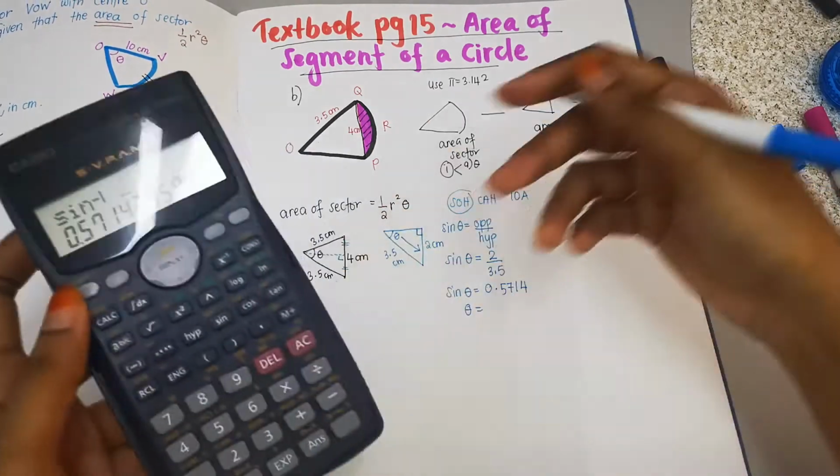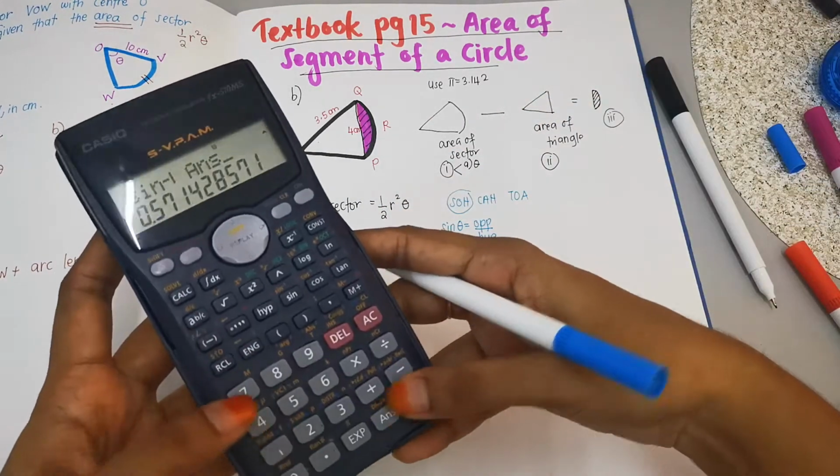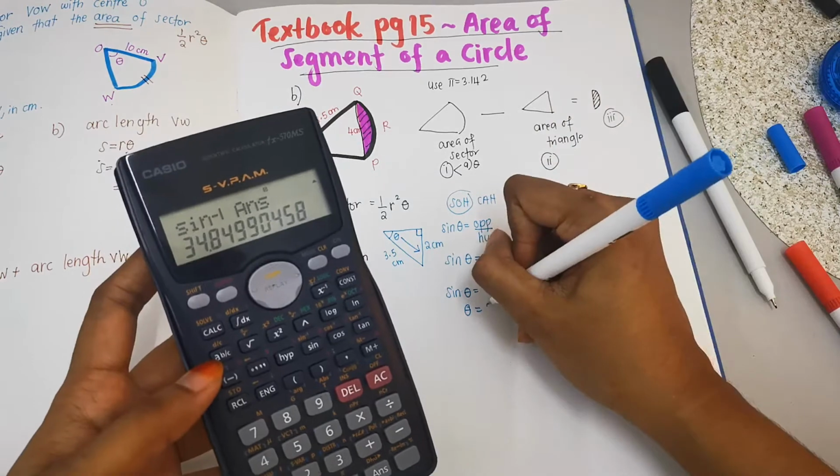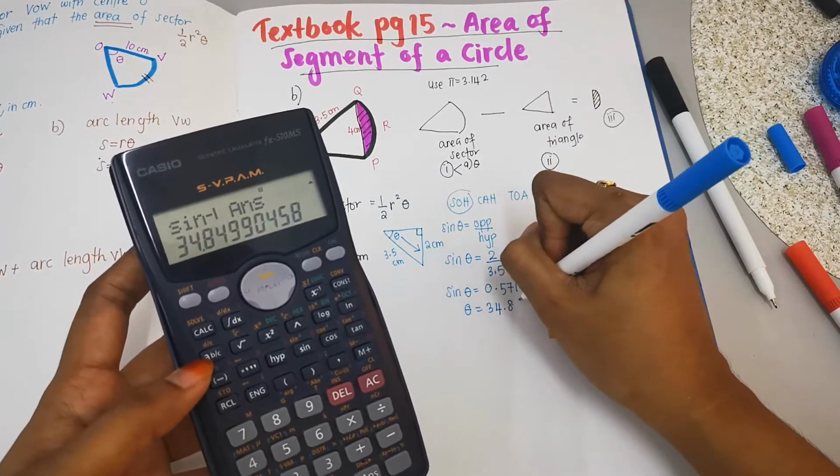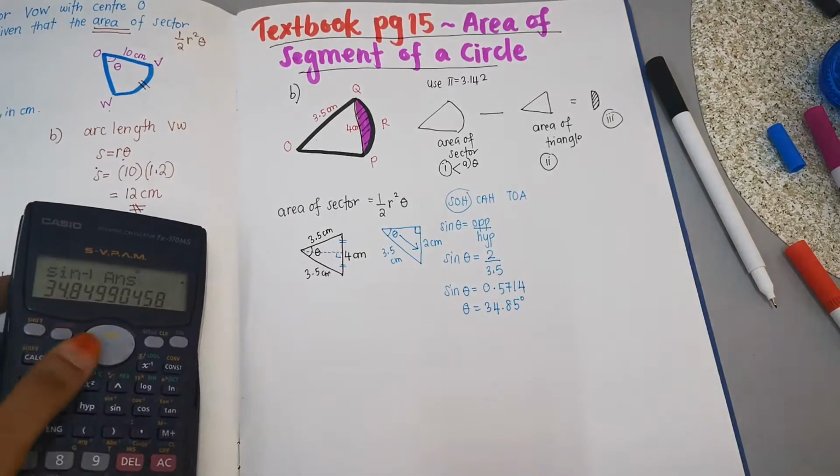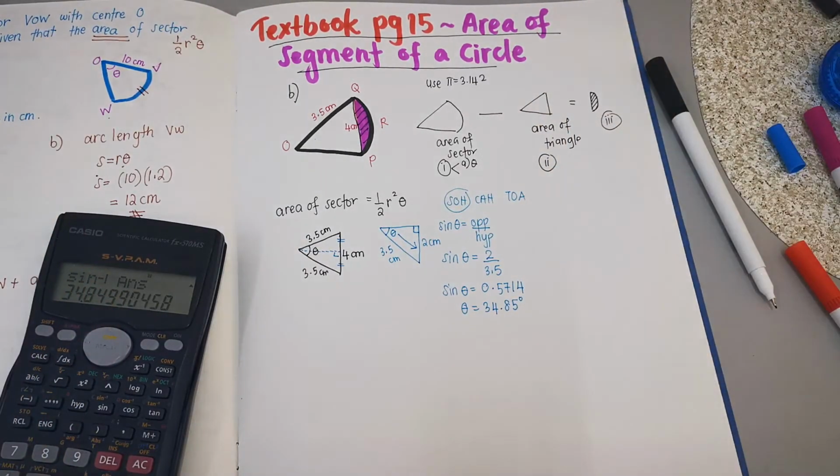So from here we find theta. Inverse sine of this, we will get 34.85 degrees. Remember with sine, cos, tangent, your theta you'll always get in degrees.